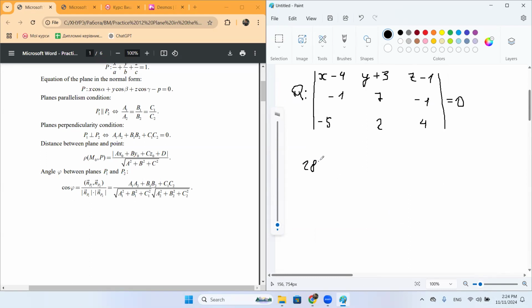So 28 x minus 4 plus 5 y plus 3 minus 35 z minus 1. No. Plus 35 z minus 1. Yeah, so I haven't finished calculating all triangles. So minus 2 z minus 1.